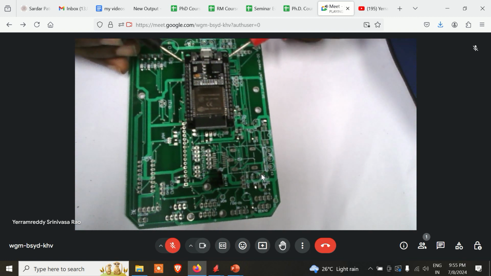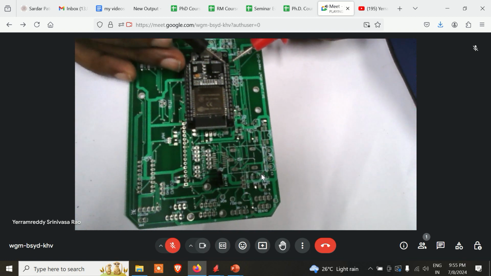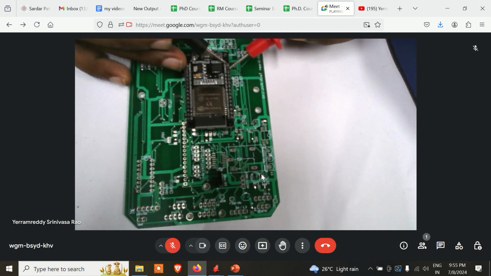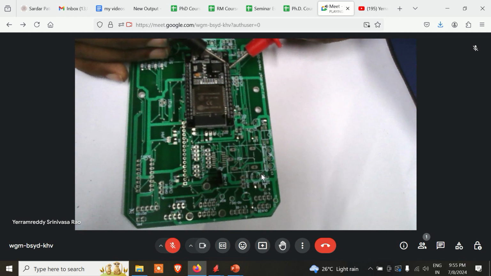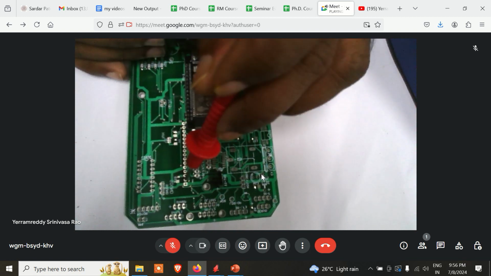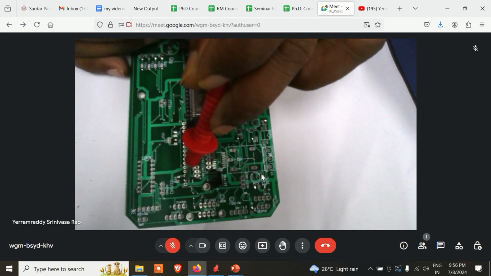Between this 3.3 volts pin and the ground pin, there should not be any short circuit. Where the USB connector is, boot is written, there 3.3 volts is there, that and ground should not be shorted, or 3.3 volts and 5 volts should not be shorted.